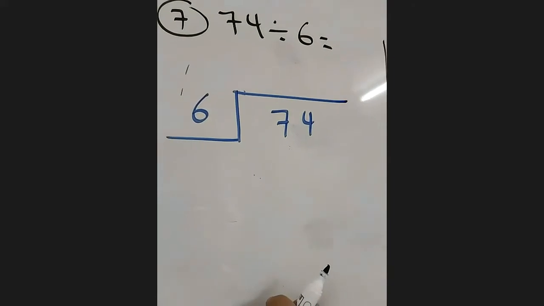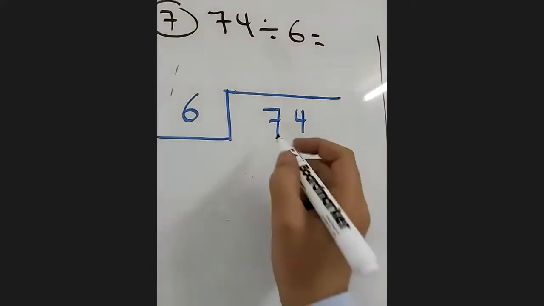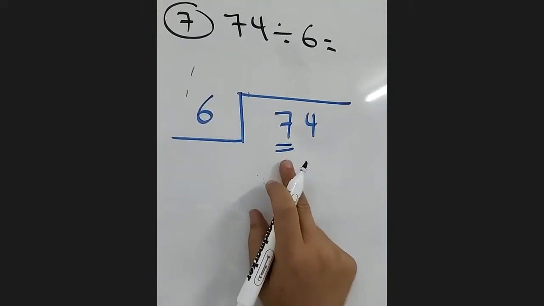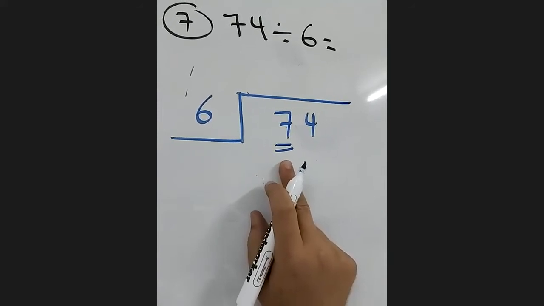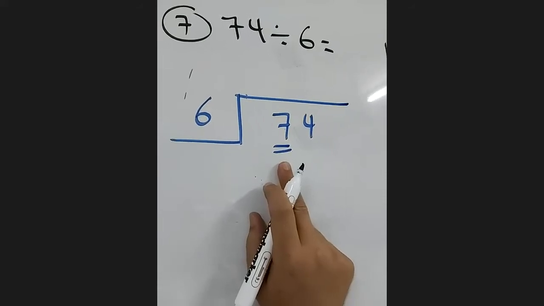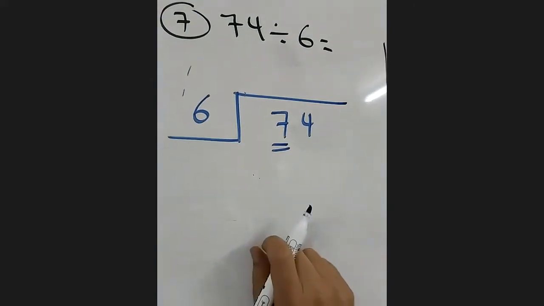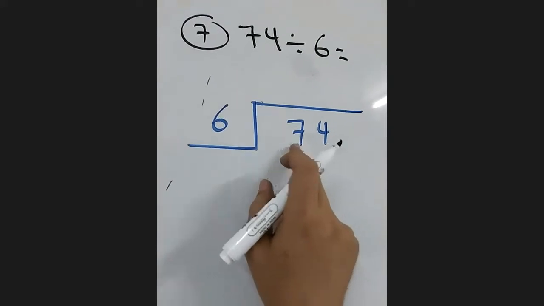From 7 alone. Why do we start from 7? Because 7 is bigger than 6, right? So we can start with 7 divided by 6.